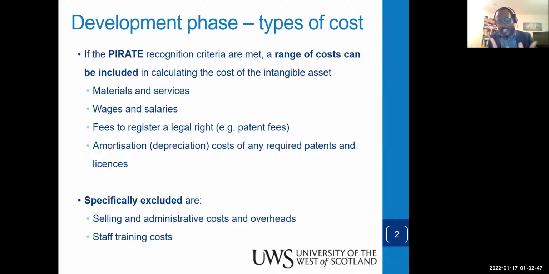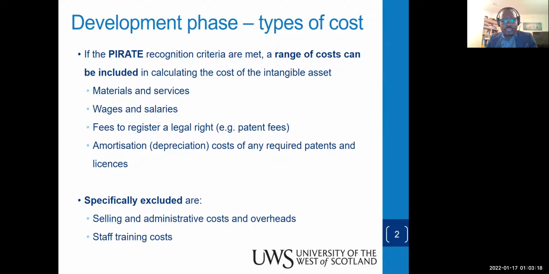Like I said, the recent ACCA text had changed the R to be resources. Instead of resources available, it uses a different dimension. The E uses expected profitability, and the A uses adequate resources, while the R is talking about reliable measurement of the expenditure. But either way, we get along with it.